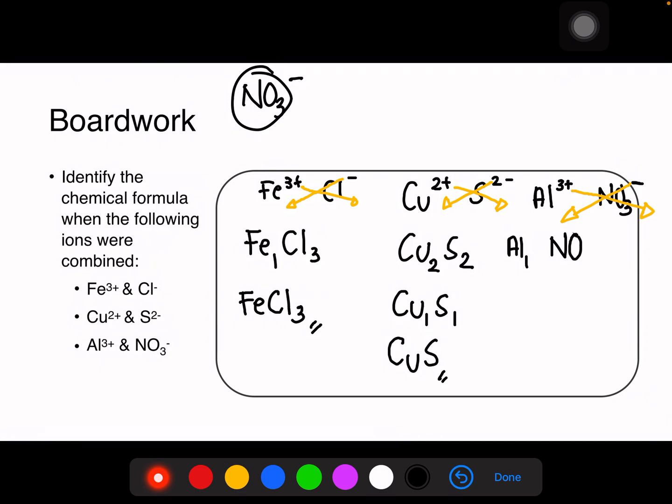Okay, so NO3, we place it in parentheses to indicate that there are 3 units of NO3. So Al1 parenthesis NO3 parenthesis 3. For convenience, we omit the 1, so that is Al(NO3)3.